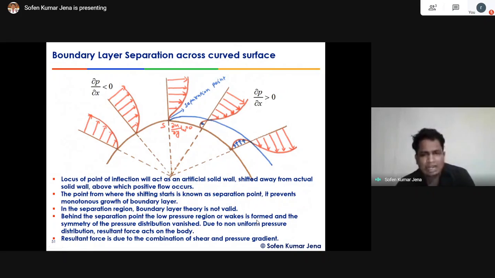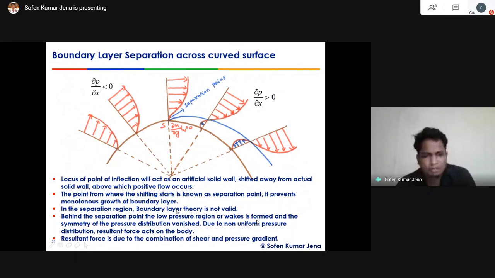This will act as an artificial solid wall above which the boundary layer is growing, and this prevents monotonic growth of the boundary layer, because of the boundary layer recirculation, there is some reverse velocity noticed over here, right?